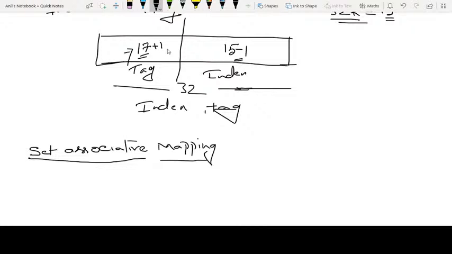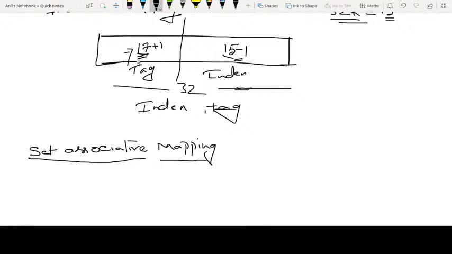Once again, how to solve when a question is asked based on the set associative mapping technique to divide the fields of index and tag. You just go for the normal procedure of how you divide the index and tag as in the direct mapping technique. So index will be as many digits as are required to represent the cache, and the tag will be the remaining digits. So in our case 15 and 17.